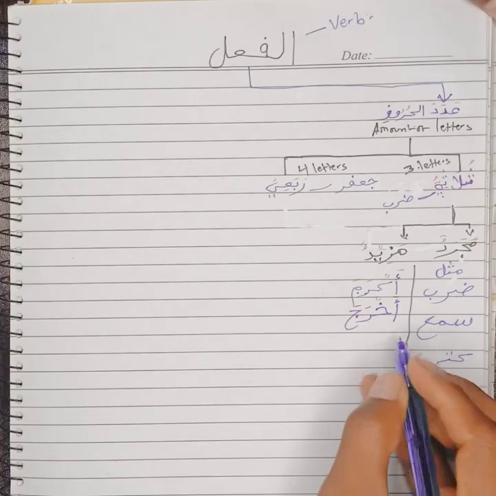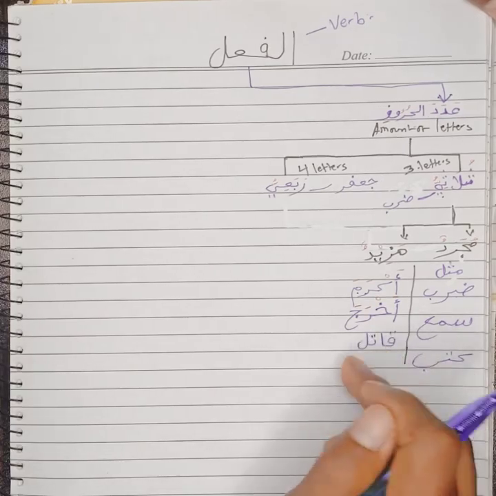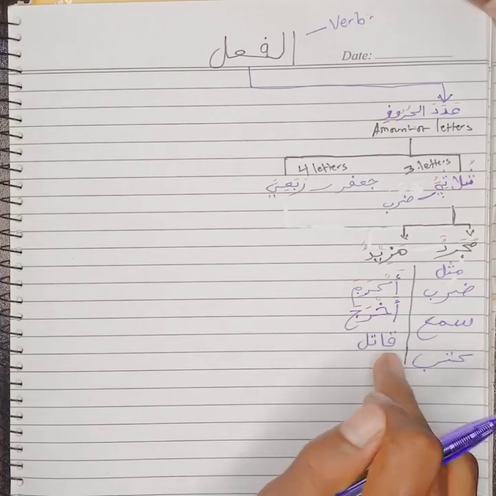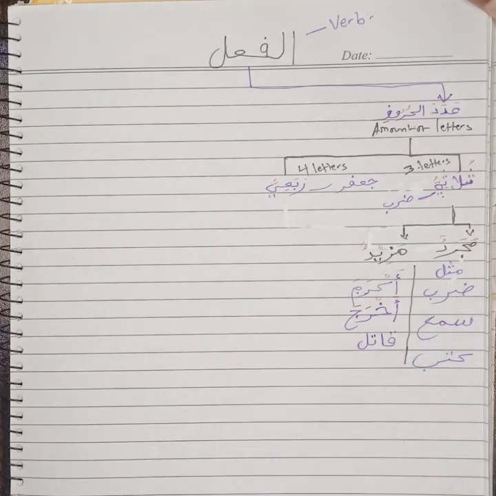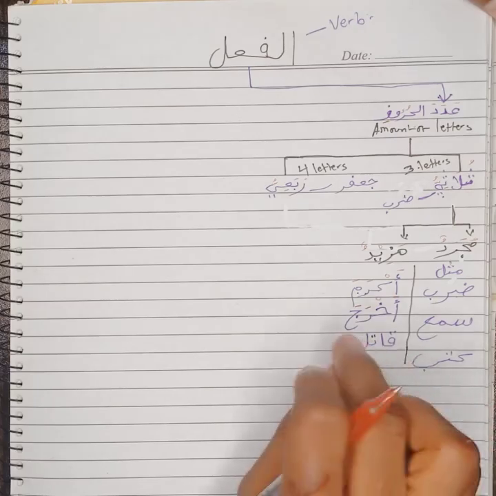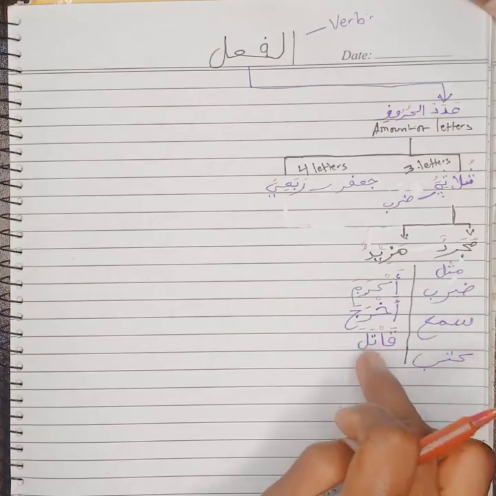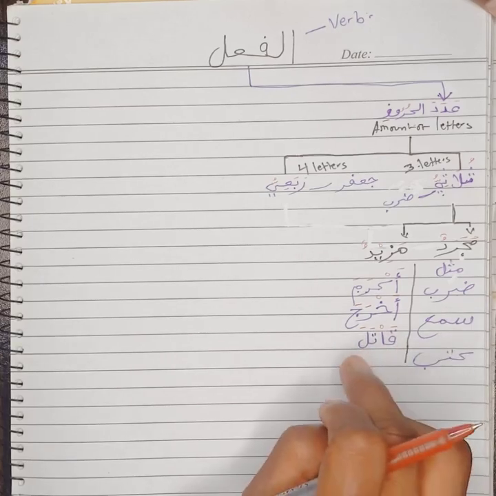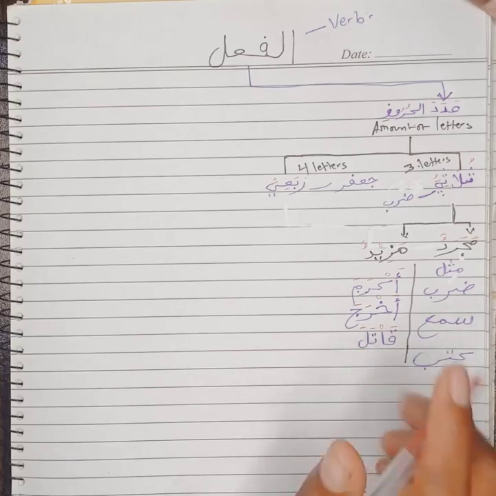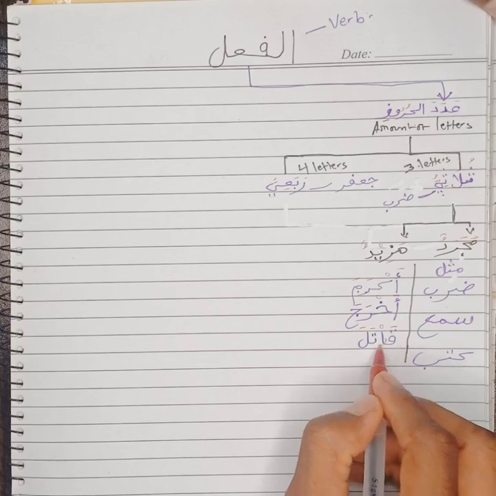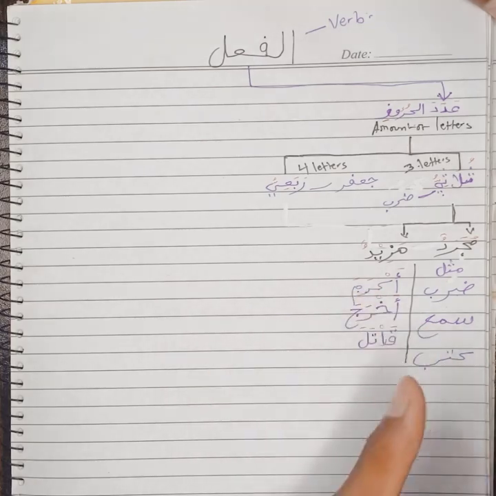Then one last example: Qatala, which means to fight. Qatala is made up of three original letters plus one additional letter. The Qaf, the Ta, and the Lam are original letters. As for this Alif here, this Mad is not an original letter; it's an additional letter.